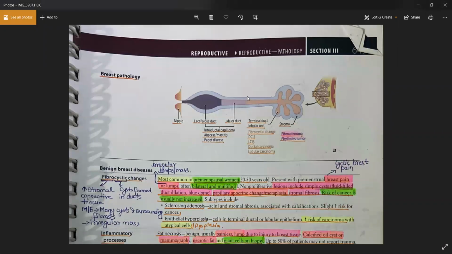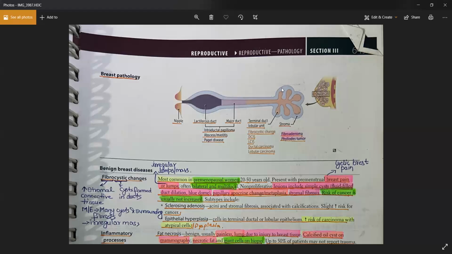So first we have the terminal duct lobular unit, the TDLU. These are the lobules, you can say, and each lobule, each gland, has a separate duct. You will call it a TDLU, terminal duct lobular unit. In between these two lobules, in between the two ducts, you will have some stroma, some tissue present, right?